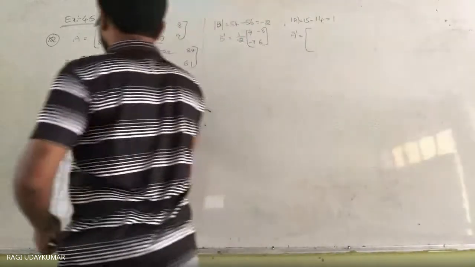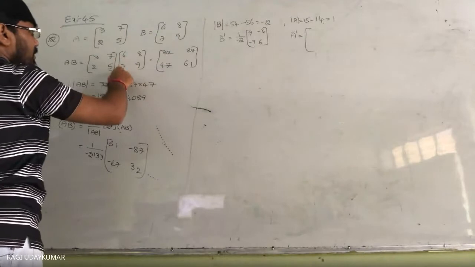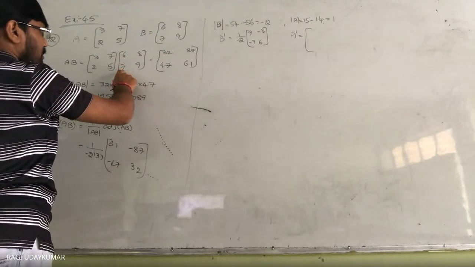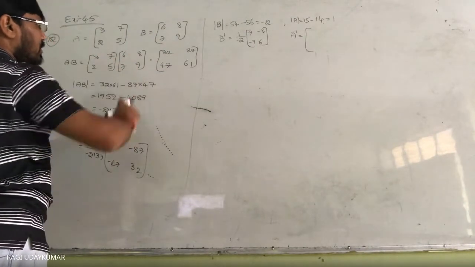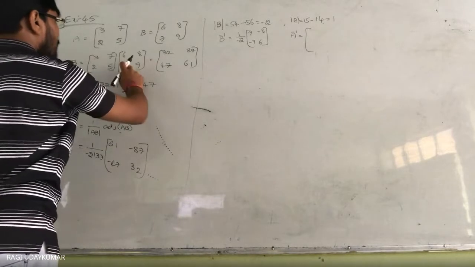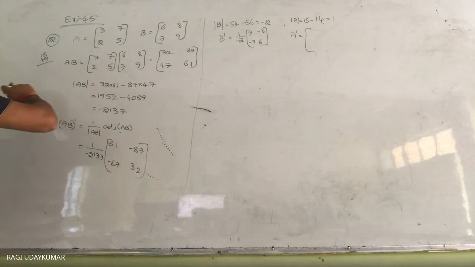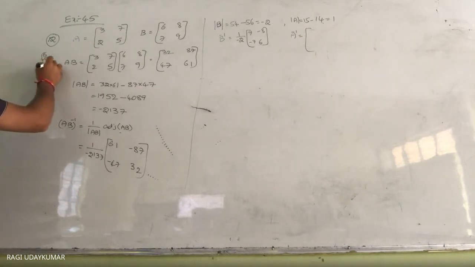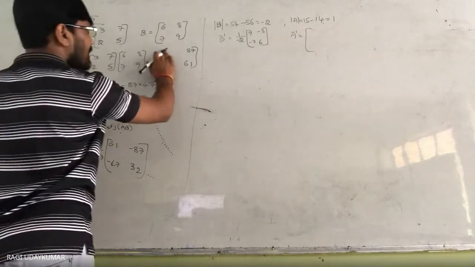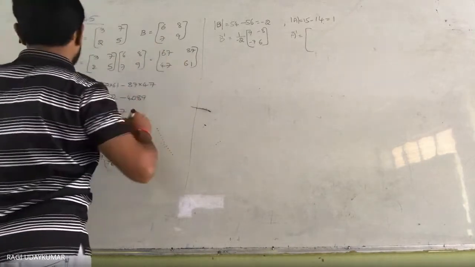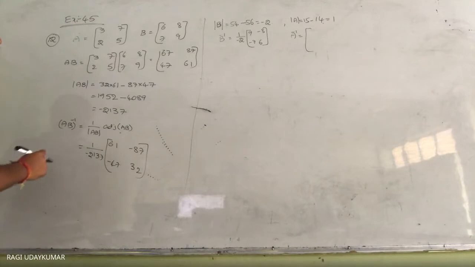Sorry, here we did it wrong. 18 plus 49, 7 sevens are 49, so 18 plus 49 is 67. Here we will get 67, not 40. That's why we were getting this big number.